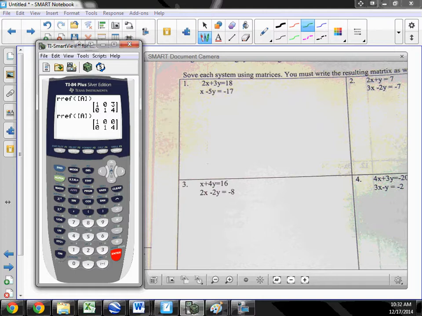You always use RREF. There is an REF button. Don't ever use REF. It rarely works. Sometimes it works, but not very often.